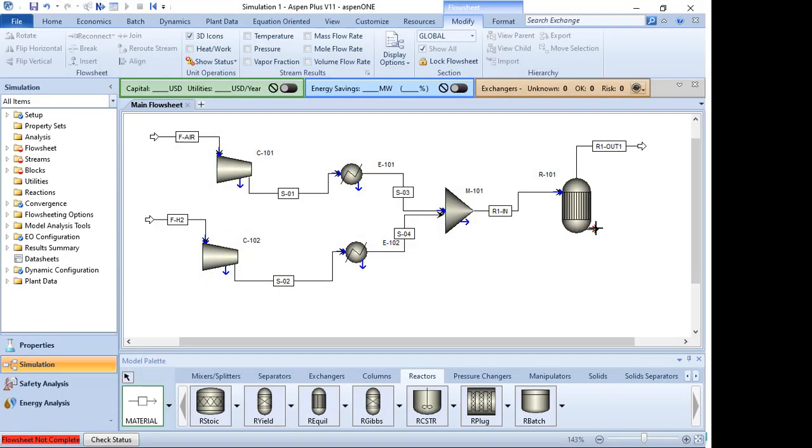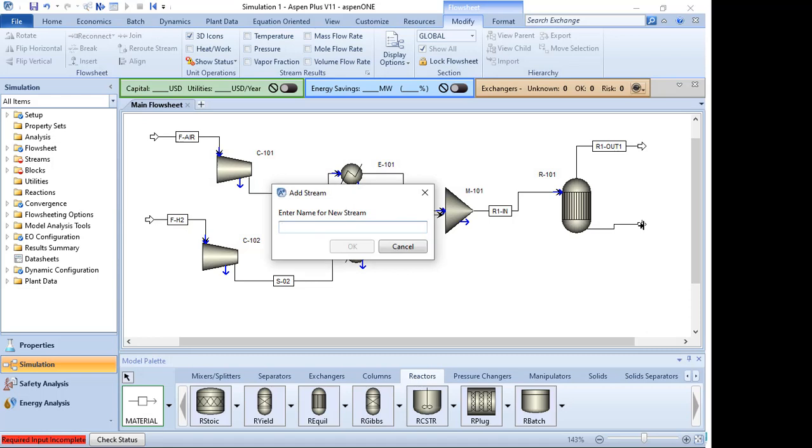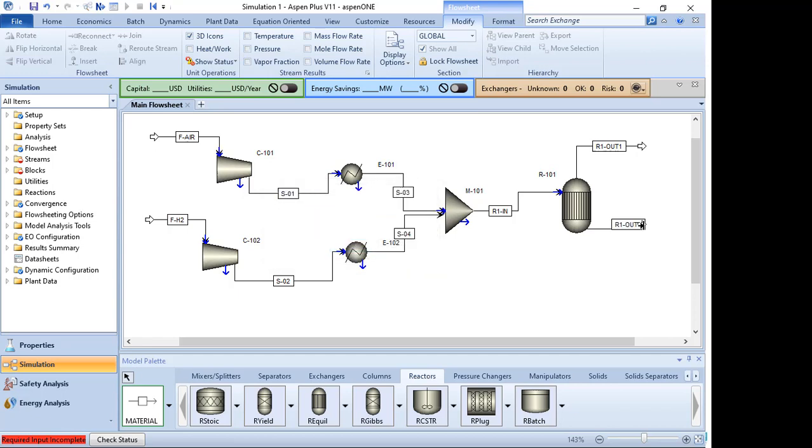It's okay. Then R1 out 2. Okay, so make sure the red arrow has changed into a blue arrow. It means that your stream is perfectly connected to the equipment.